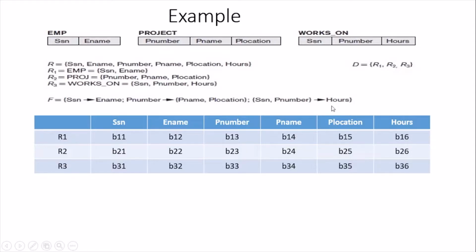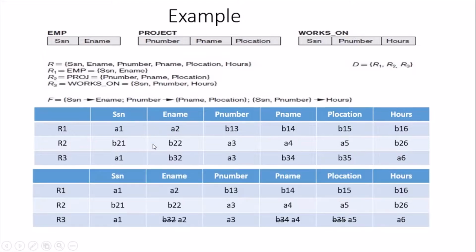The first step is to create this matrix. So the matrix has R1, R2, R3 and the columns SSN, E name, P number, P name, P location, and Hours. You have entries B11, B12, B13, B14, etc. You can fill all the entries. The next step is you take each relation and override these values. R1 has SSN, comma E name, so there you can change the values.